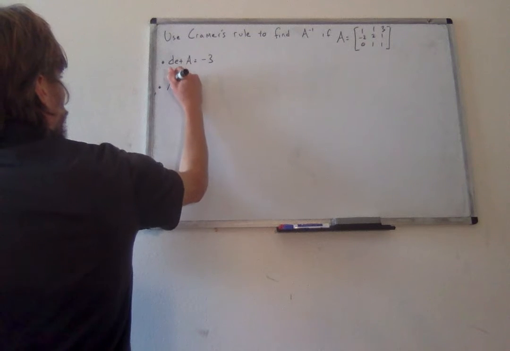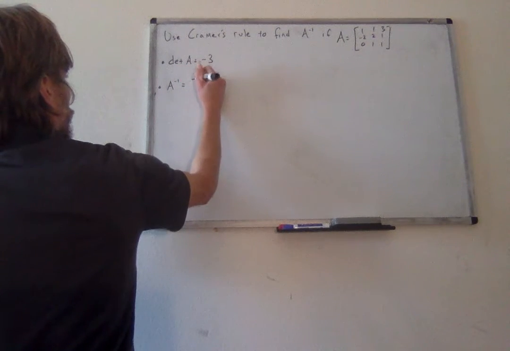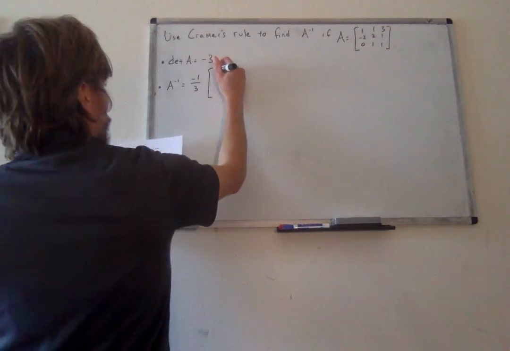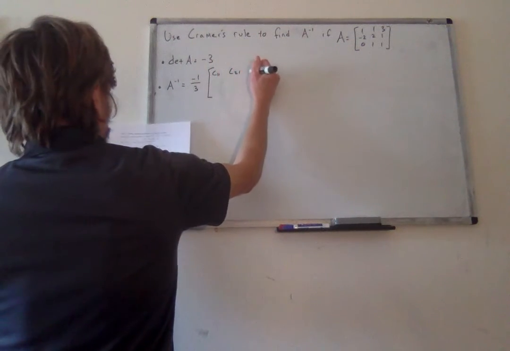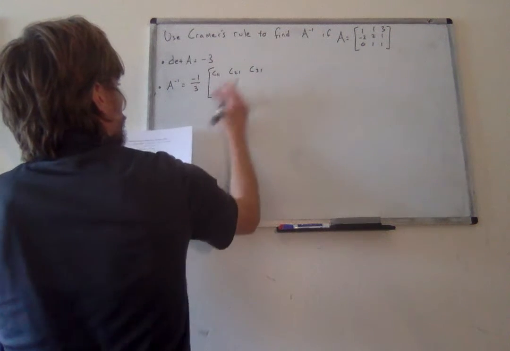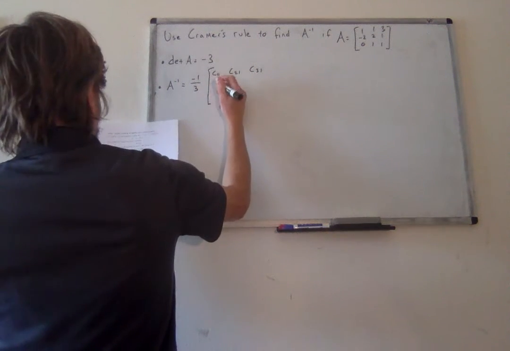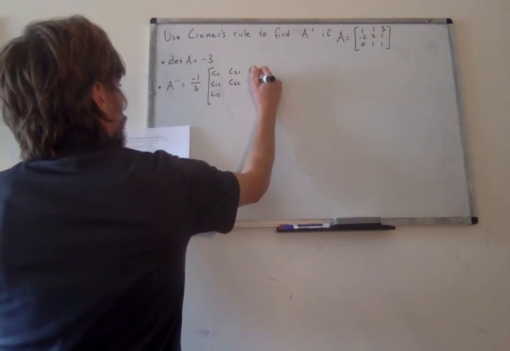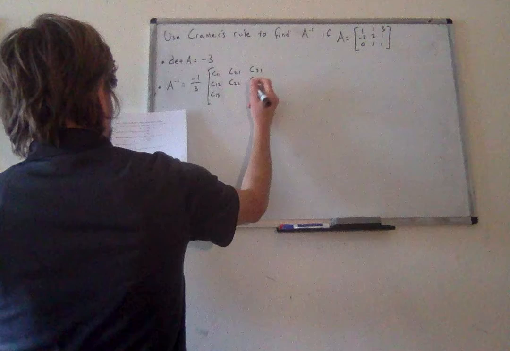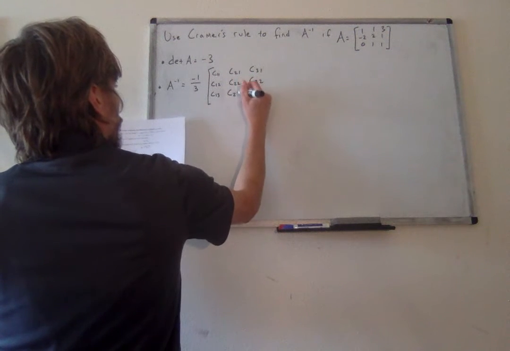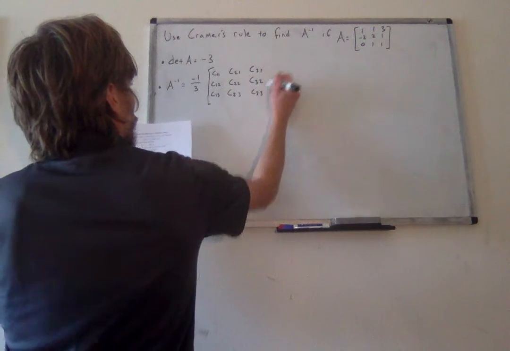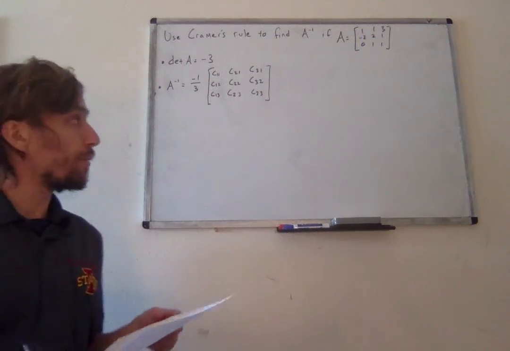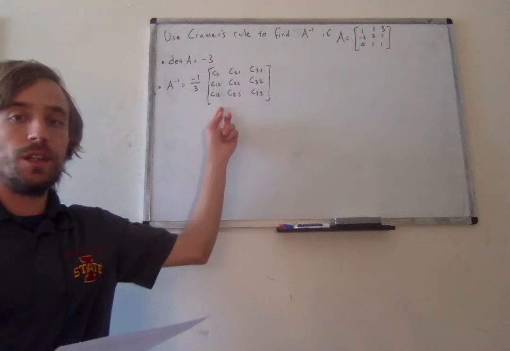And so right off the bat, we know that A inverse is equal to negative 1/3 times, and are you ready for this? C11, C21, C31, C12, C13, C22, C32, C23, and C33. And why does your book, after teaching you this, recommend not using this method?